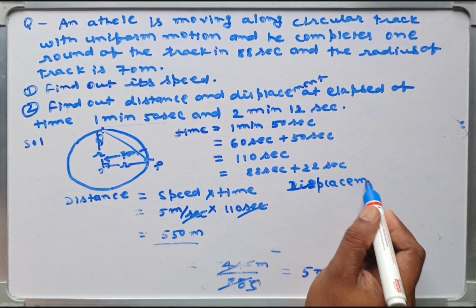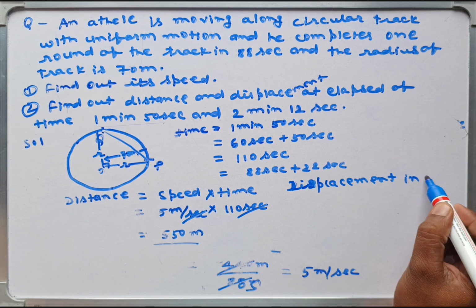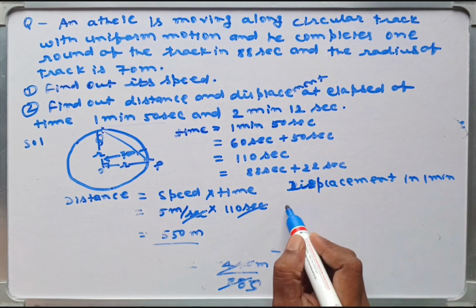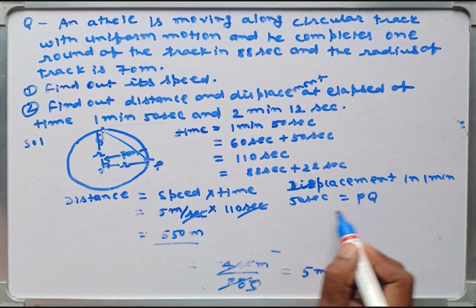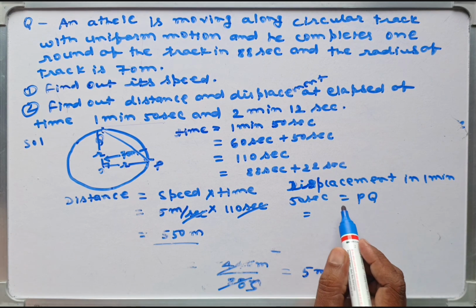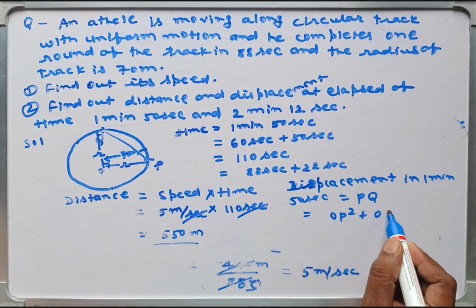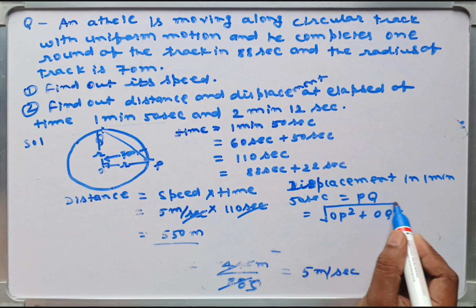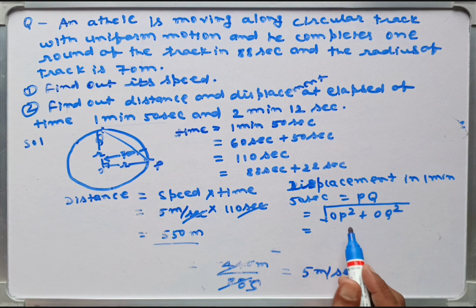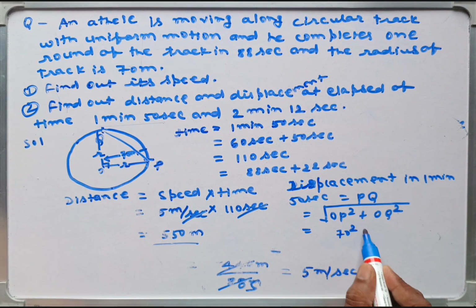in 1 minute 50 second equal to PQ, or PQ equal to under root OP square plus OQ square. So this time you can write this is 70 square, and this is 70 square.